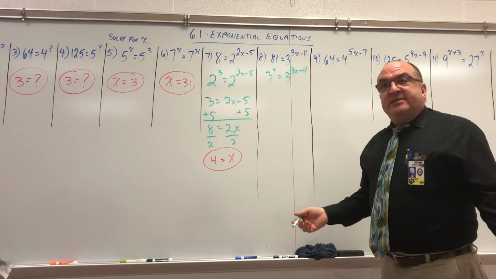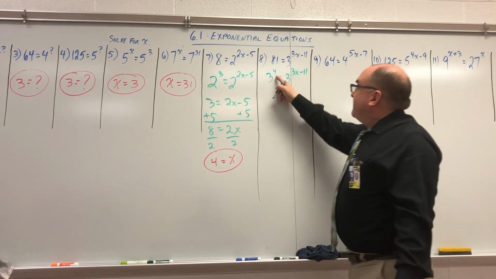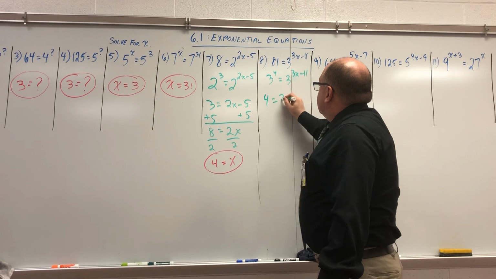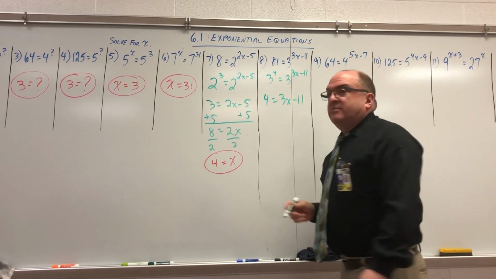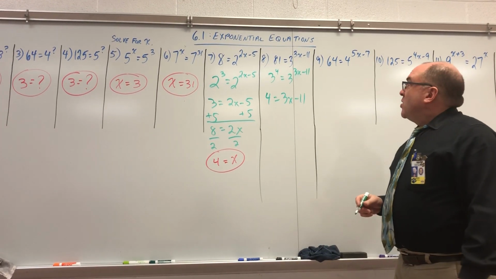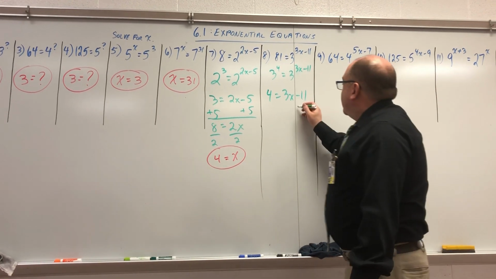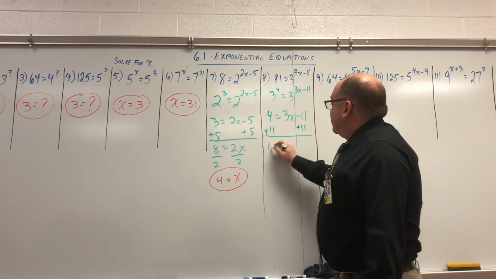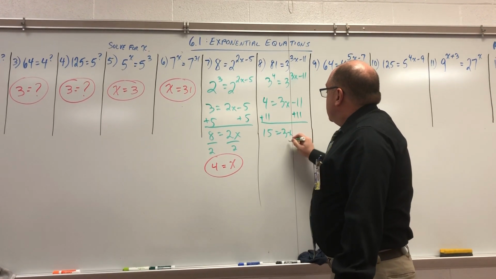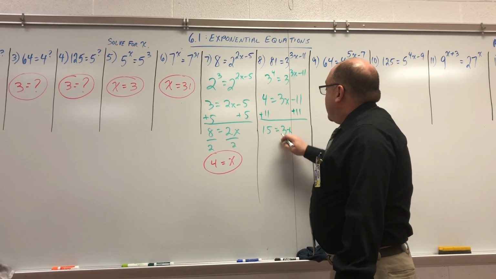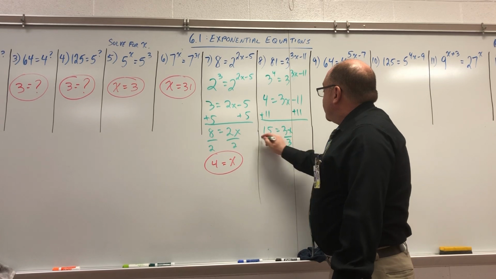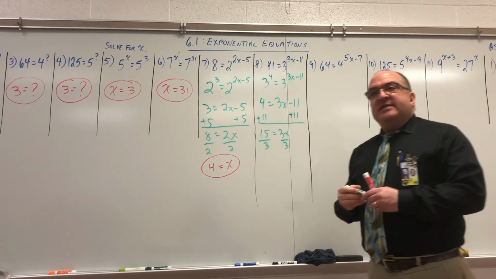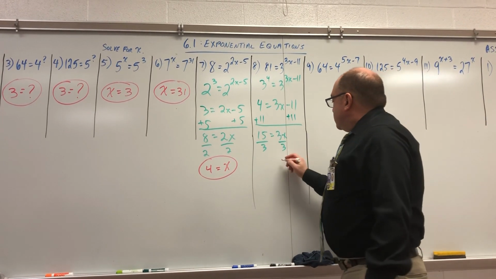So now that the bases are the same, I can now say 4 equals 3x minus 11, right? Plus 11 on both sides, right? 4 plus 11 is 15. Divide by 3. Not 3x, just 3. 5. Easy, right? It is.